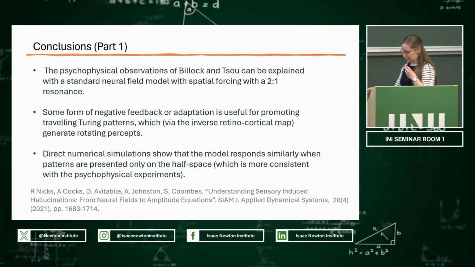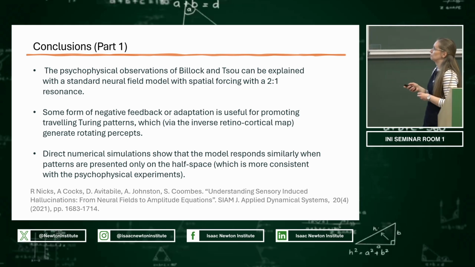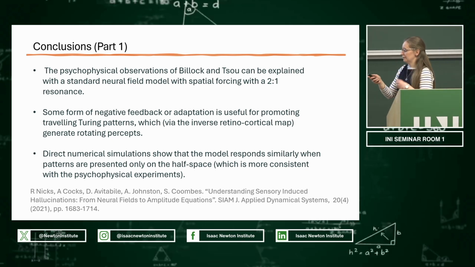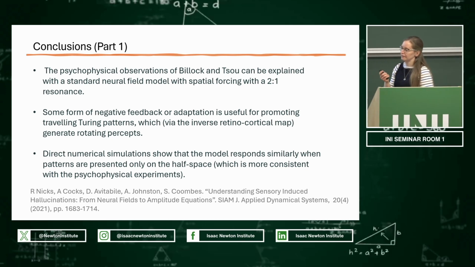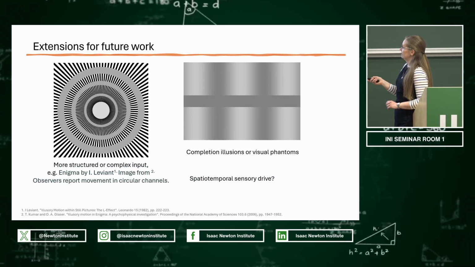If we add some negative feedback, then we can get the movement as well, which corresponds to the rotating percepts. The direct numerical experiments showed that you can get the same results when the patterns are presented only on the half space. There's a paper on that from a couple of years ago now.